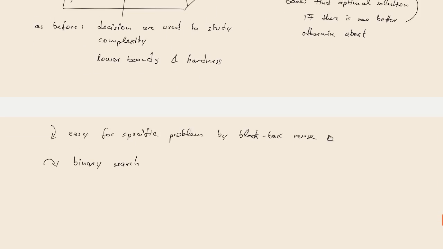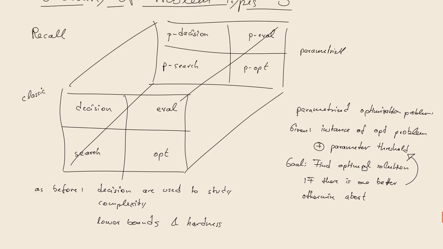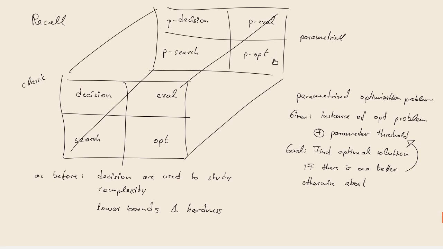And the reason why this is relatively easy is that you can just keep the parameter. So if we define the parameterized optimization problem like here, that we have this option to abort if there is no solution that's better than the threshold, than the parameter, then we can translate between these essentially as before.